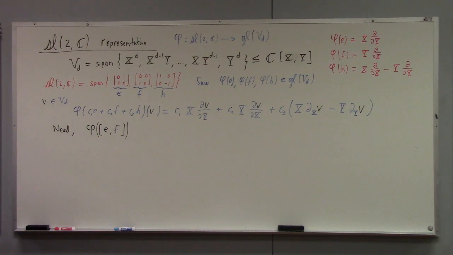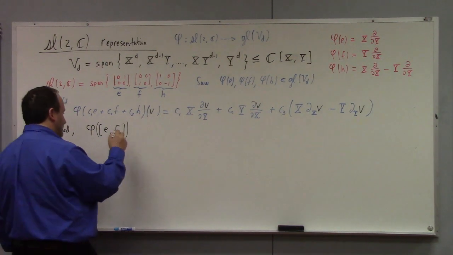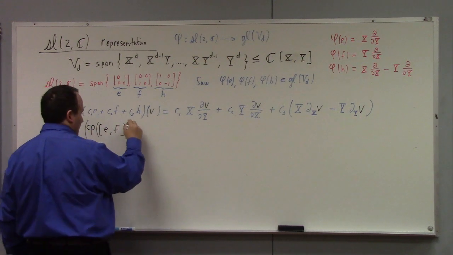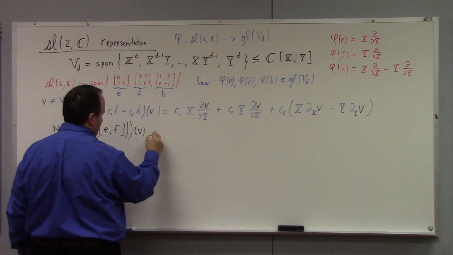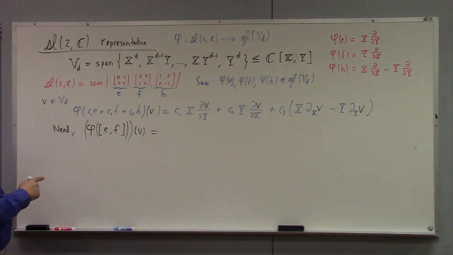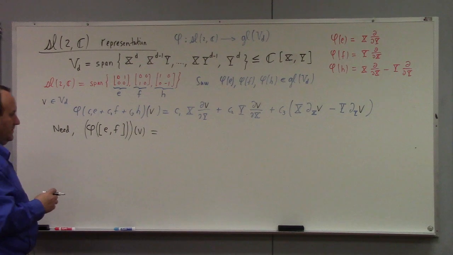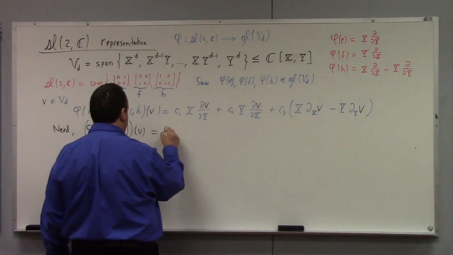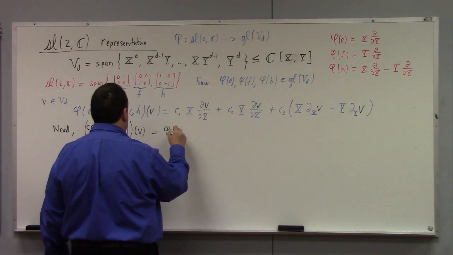Okay, so let's let this act on V, right? Here's some parentheses that only I write down. Okay, so what's that by definition? Well, you don't actually want to do that, right? What is E with F? You can bring the brackets inside.